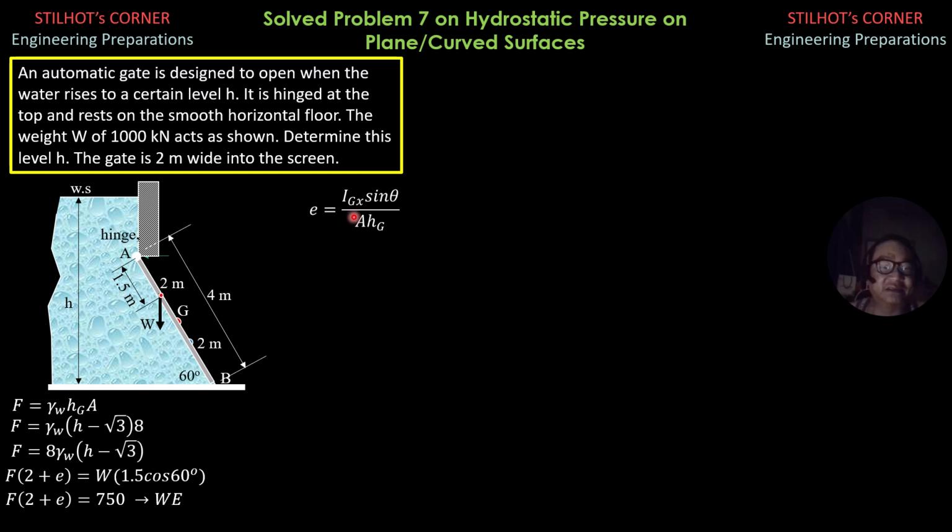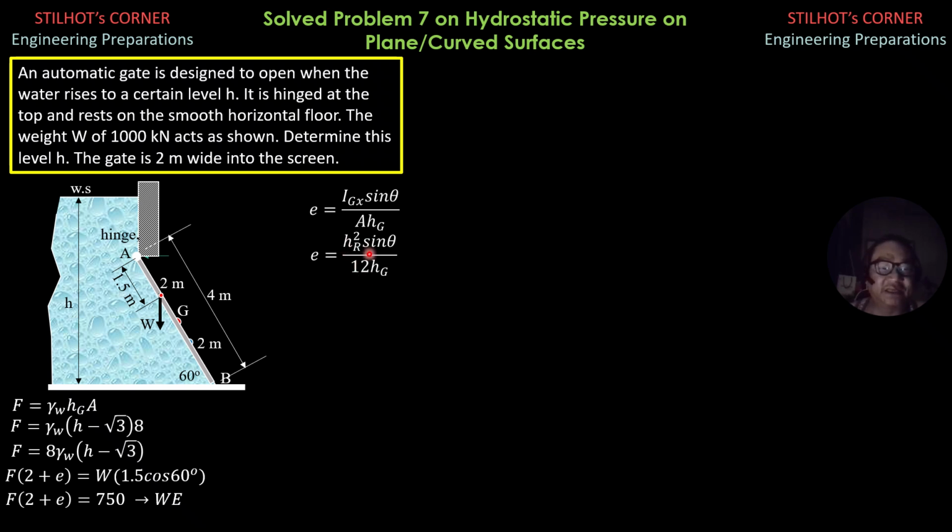IGX is BH cubed over 12, and sine theta, because the gate is inclined 60 degrees, theta is 60 degrees, over area BH, then HG. If you simplify that, it results in height of rectangle squared sine theta over 12 HG. You might also ask this: all the formulas I derive specially for common plane areas.